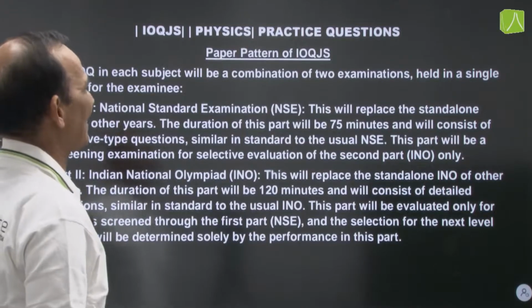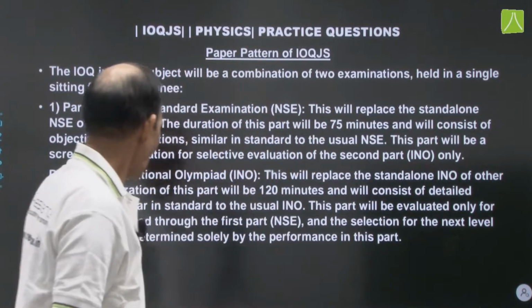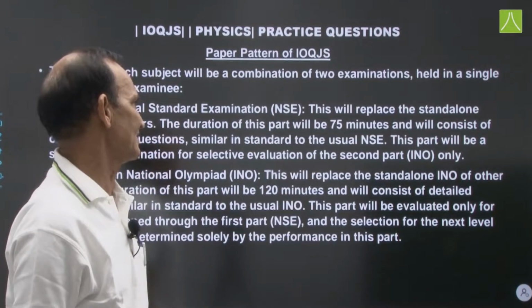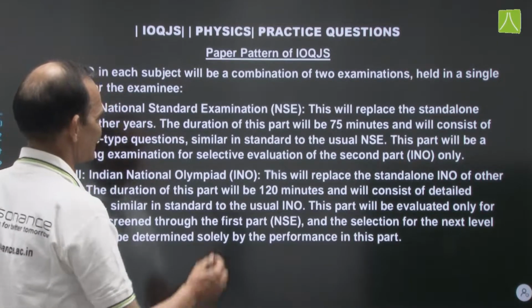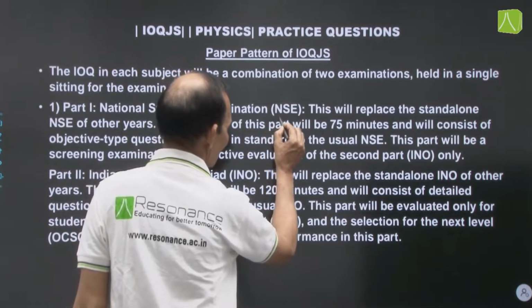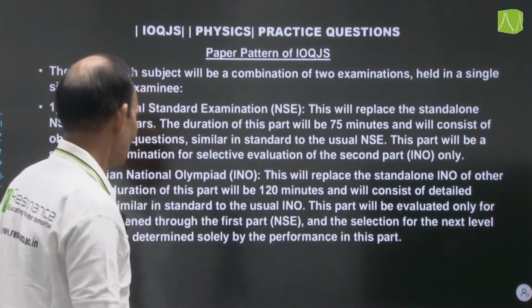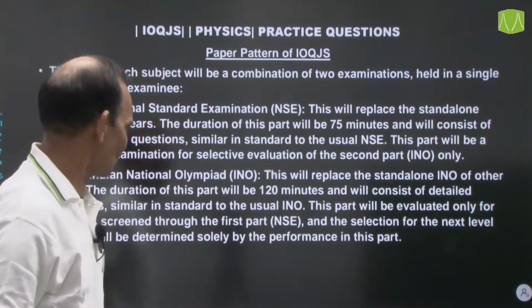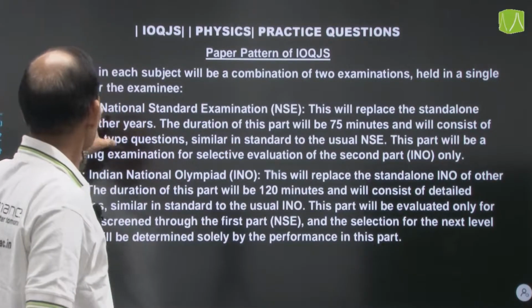This is the paper pattern of IOQJS. IOQJS is the combination of the previous first and second stages, that is NSEJS and INOJS.